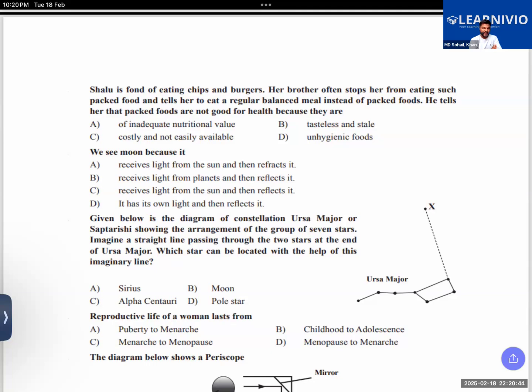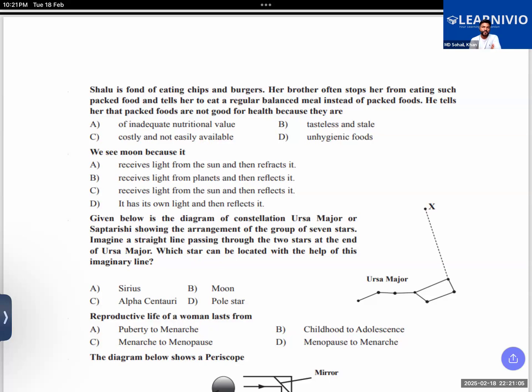It's talking about packed food now. So for packed food, we can't go on to say it's unhygienic. Normally, the foods sold nearby the roads, in the streets, those foods are unhygienic. These packed foods don't have much nutrition in them.